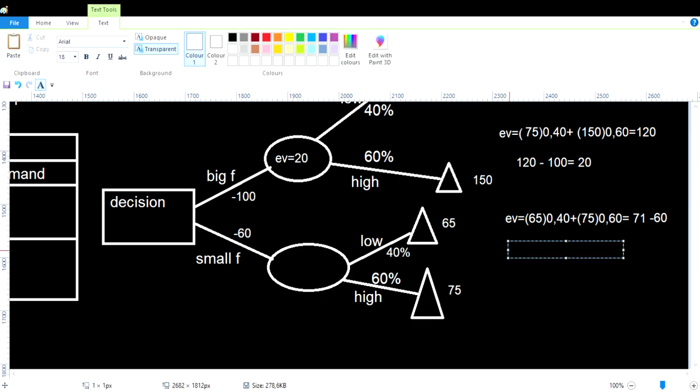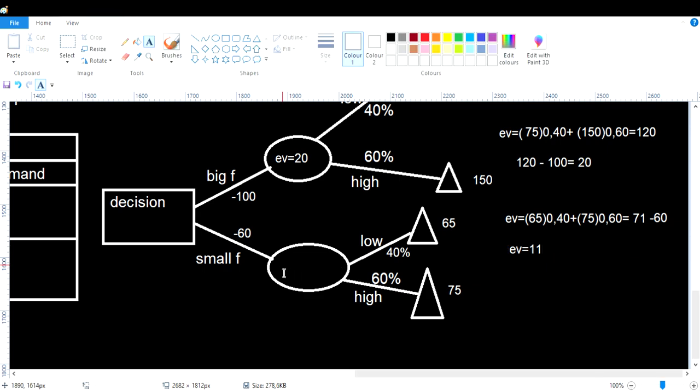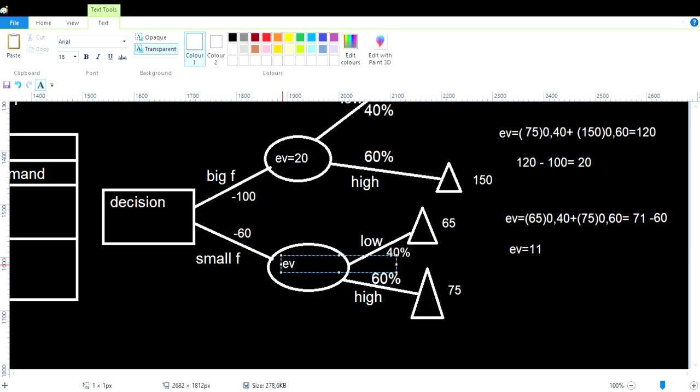Therefore the EV, expected value, here is equal to 11.